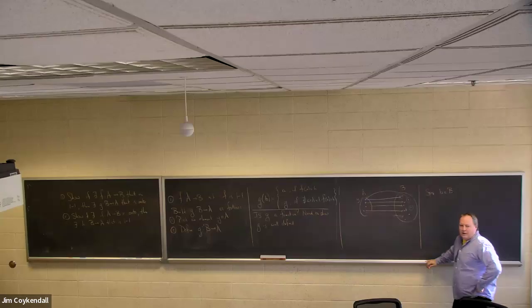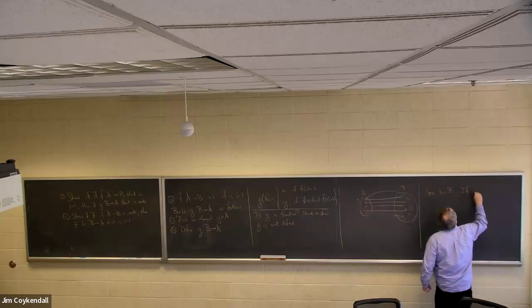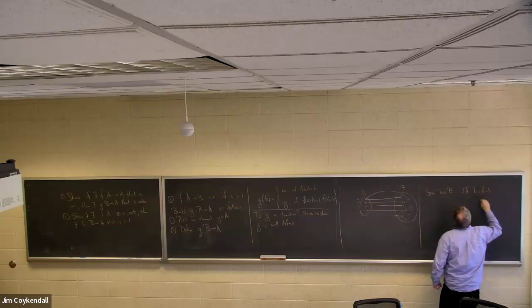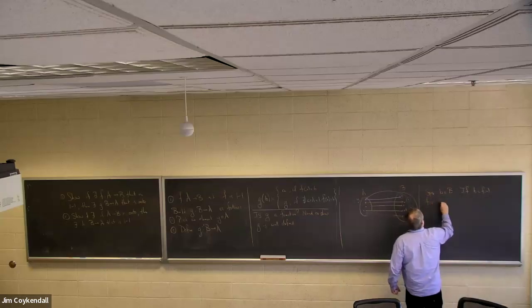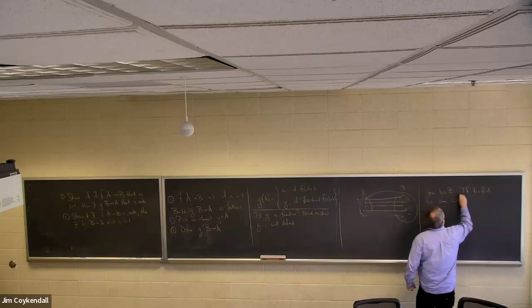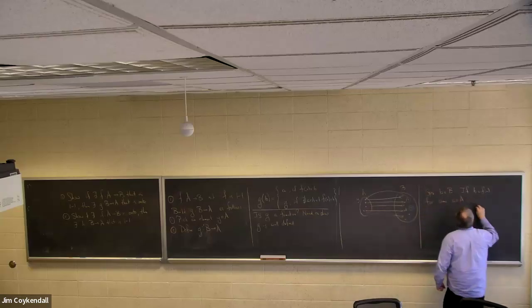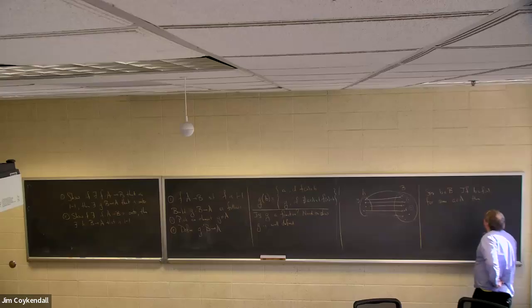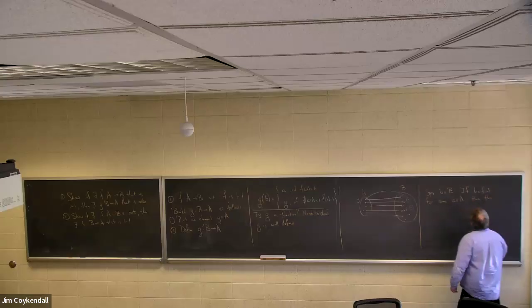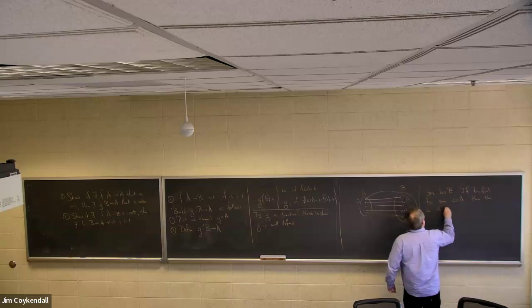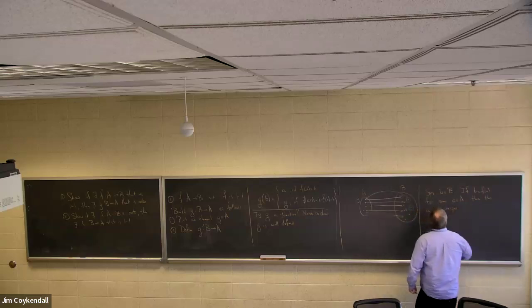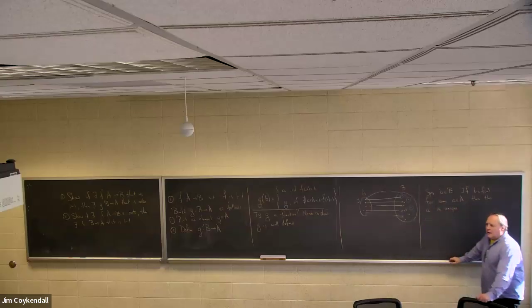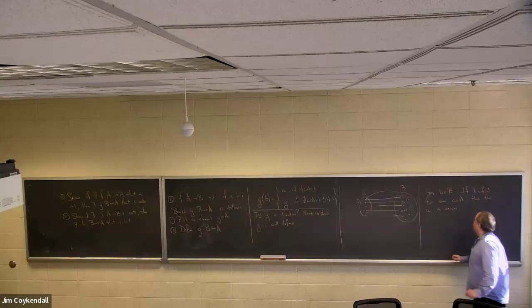I want to show that there's one and only one output, right? Then it's A. And why is that?